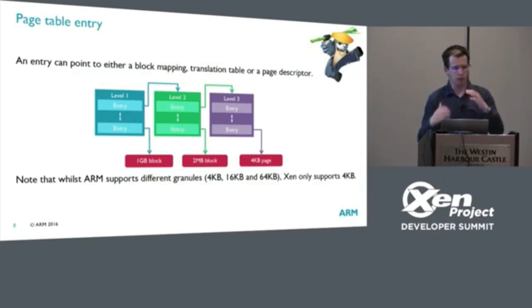For instance, you can have a big block of 1 GB, 2 megabytes, or 4 kilobytes, the granules. ARM supports different granules: 4K, 16K, and 64K. On Xen, we only support 4K today. We chose 4K mostly because it's the common denominator between everything, because even if the hypervisor is running 4K, the guest can run any granularity.